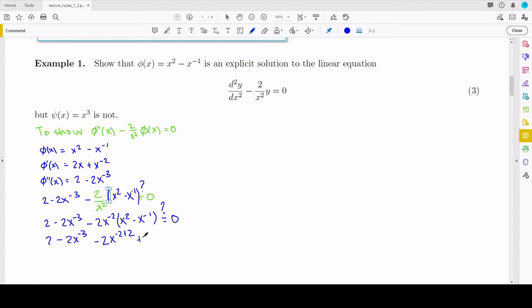That gives us positive 2. And then add the exponents, so we get x to the power negative 2 minus 1. And then the question is, is that 0? Okay, so let's simplify this a little bit. 2 minus 2x to the power negative 3, and then, as said before, this is just x to the power 0 or 1. So that's minus 2. And then we have plus 2x to the power negative 3. And that equals 0.